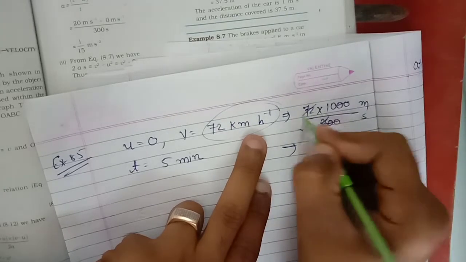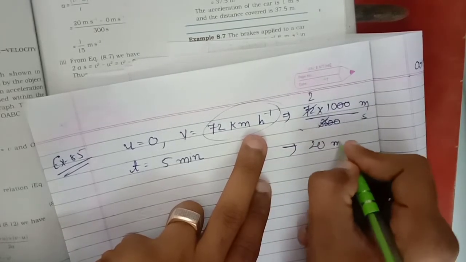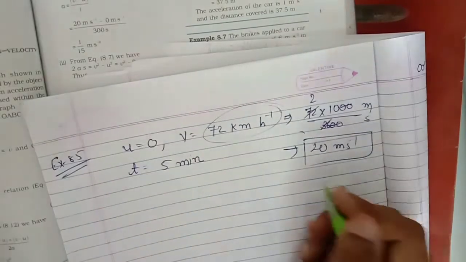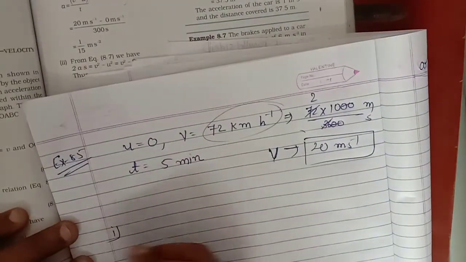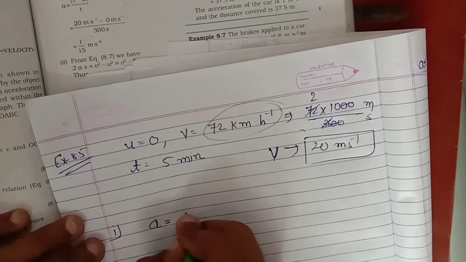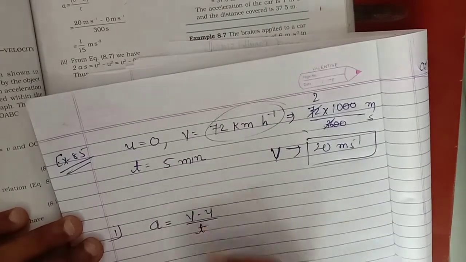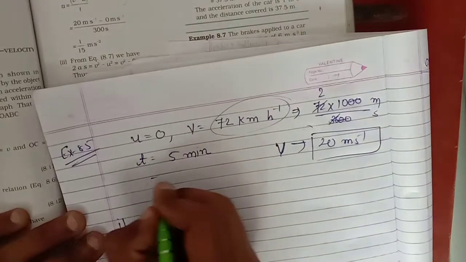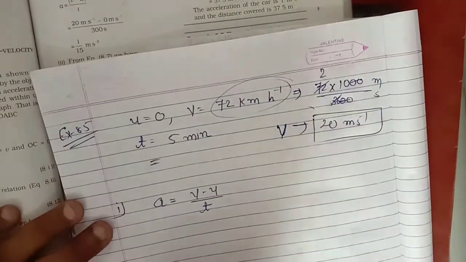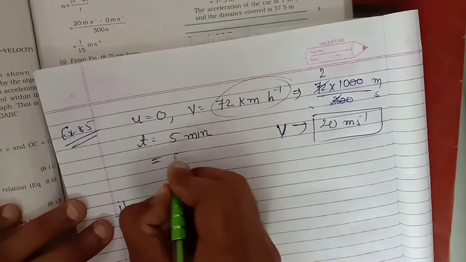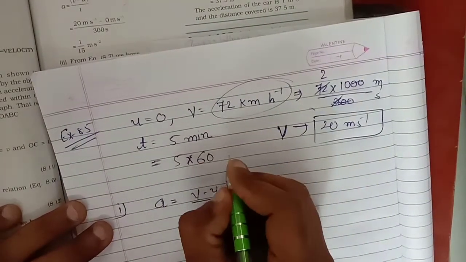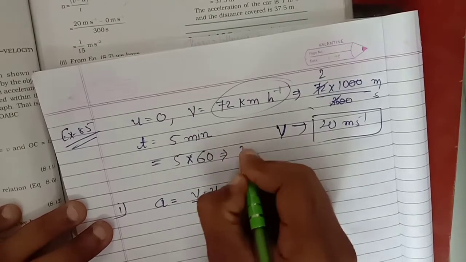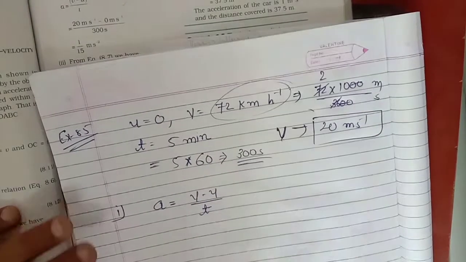Cutting the zeros and the 36 twos, we get 20 meter per second as the final velocity here. So first, acceleration is equal to V minus U upon t, and we also need to convert 5 minutes into seconds. 5 minutes is equal to 5 into 60, which means 300 seconds.